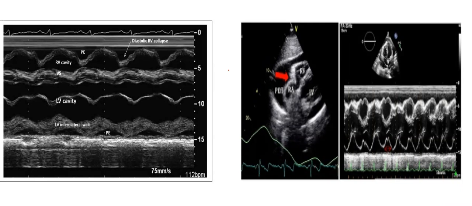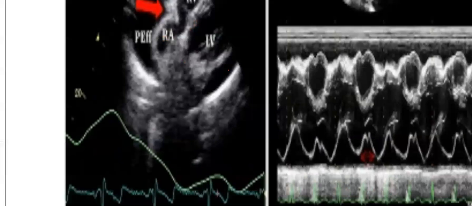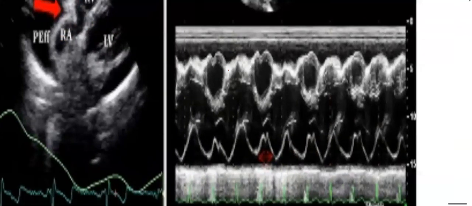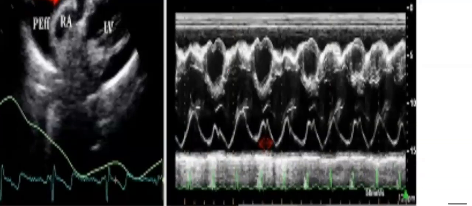Now, if you want to increase the specificity of the RA collapse, you have to go quantitatively. Meaning, look at this one here. This is the M mode of the RA. You have to quantify how long the RA collapse is taking place compared to the cardiac cycle.